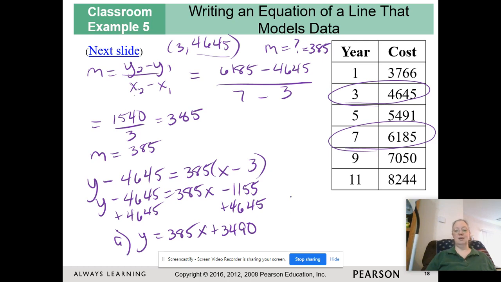Part B says, how well does this equation work with the actual data? So we're going to take 9 and plug it in for x. y is equal to 385 times 9 plus 3490. Plug it into our calculator.